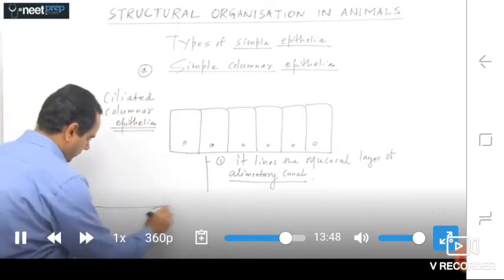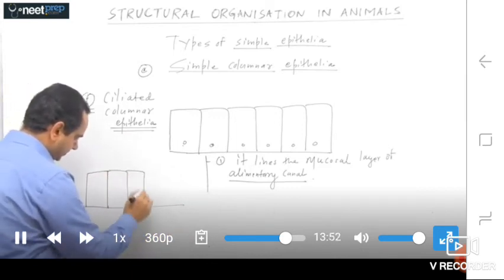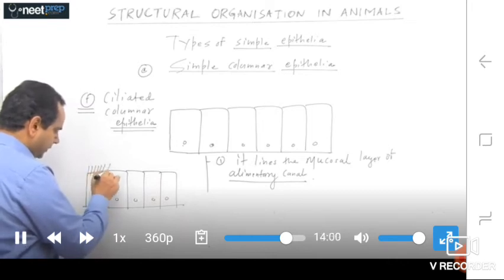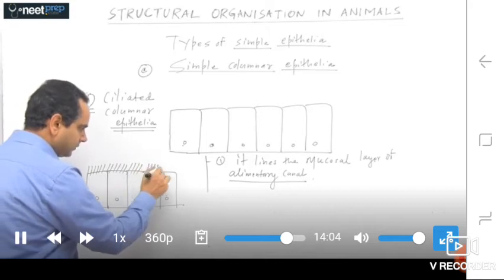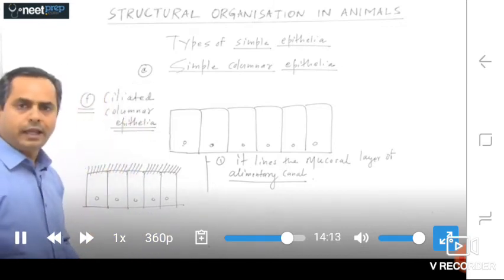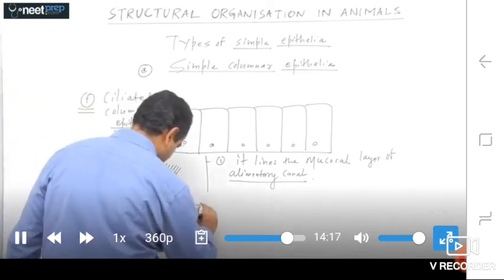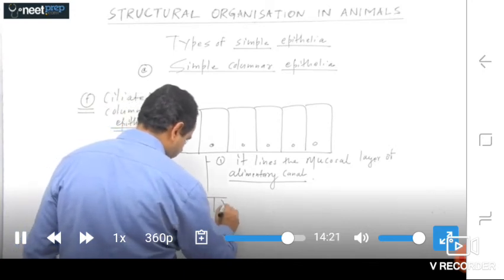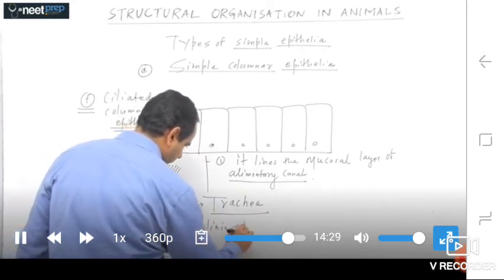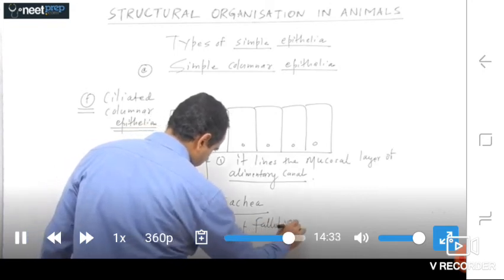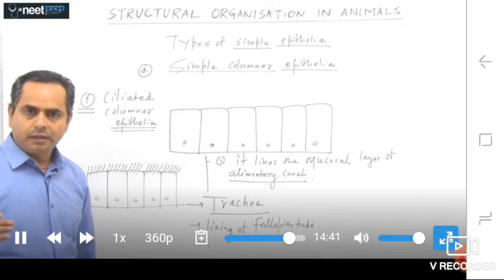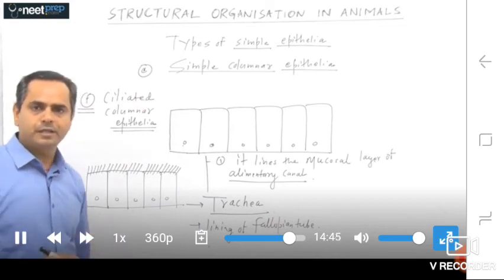It means here the columnar cells contain cilia on the free surface of the epithelia, and that is the part of ciliated columnar epithelia, and this kind of epithelia is mainly present in the trachea, lining of fallopian tube, where the secondary oocyte has to move from the infundibulum to the ampullary isthmus junction.